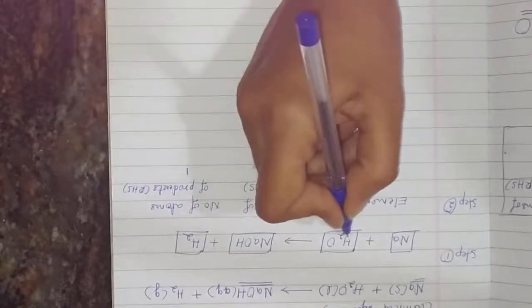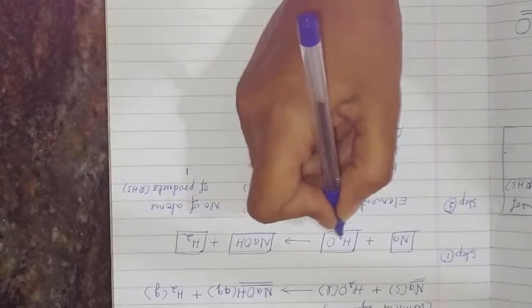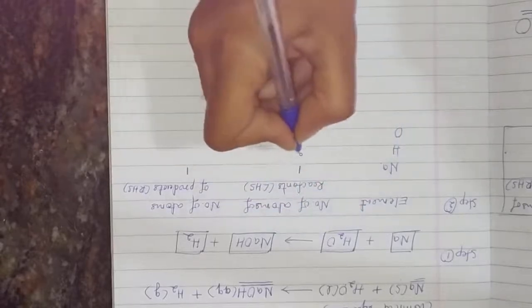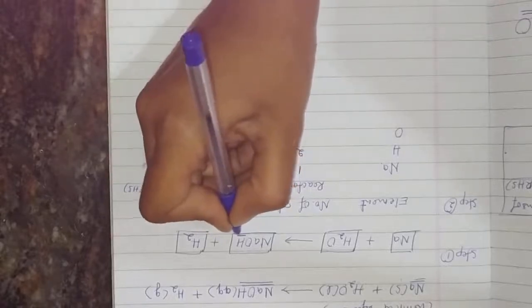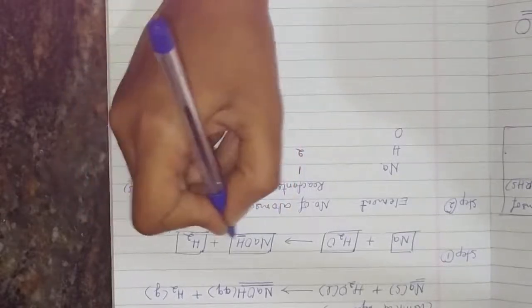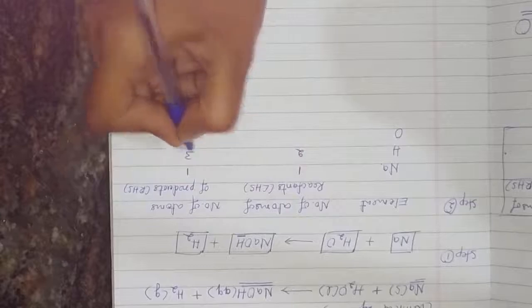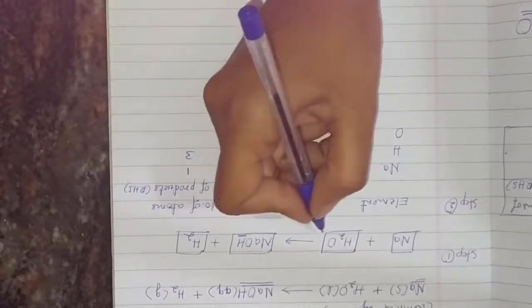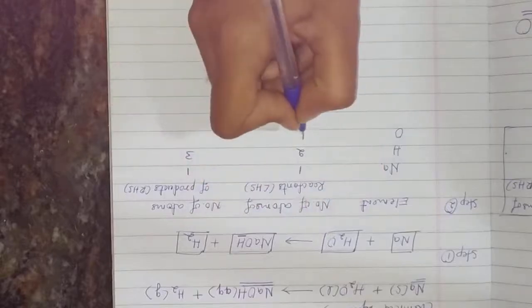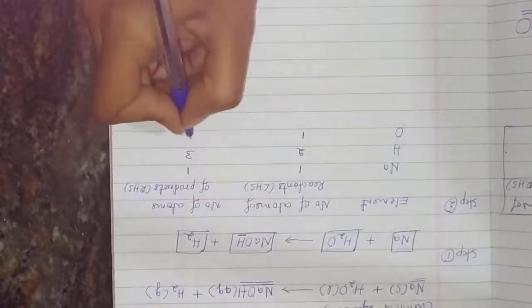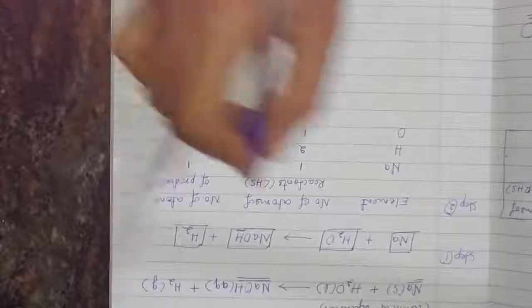Now count the number of hydrogen atoms. 2 hydrogen atoms are there in reactants, but on the product side, see here 1 hydrogen, here 2 hydrogen, 1 plus 2, 3. Okay, next we will count the number of oxygen atoms. On the reactant side 1 is there, and on the product side also 1 is there.